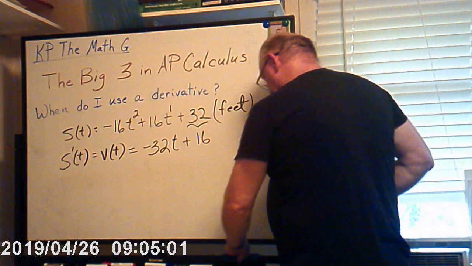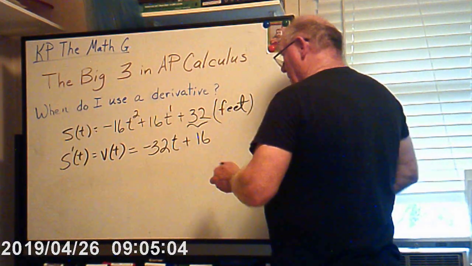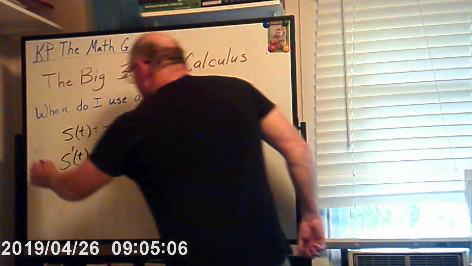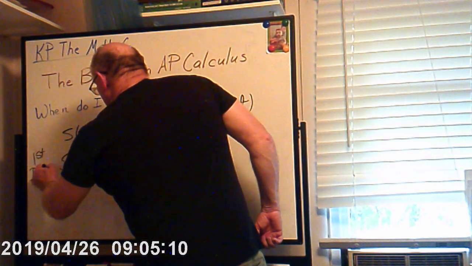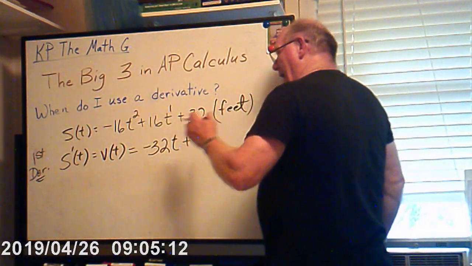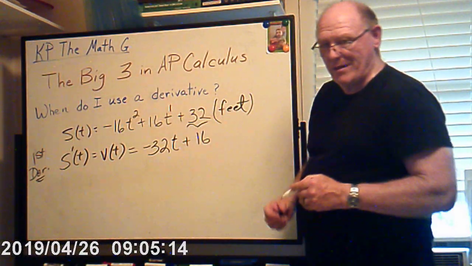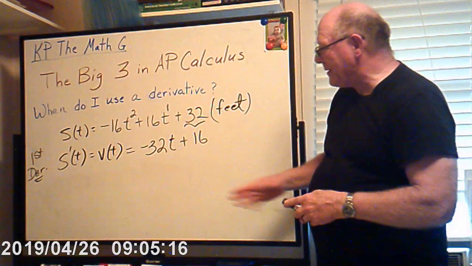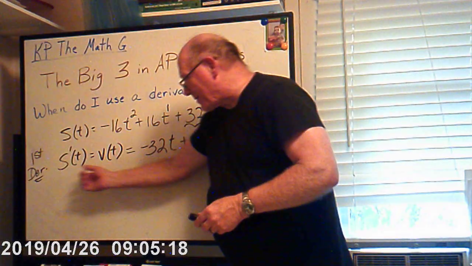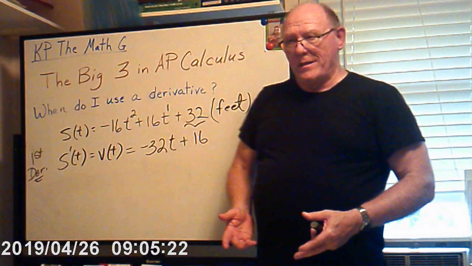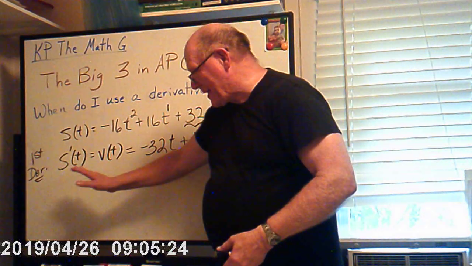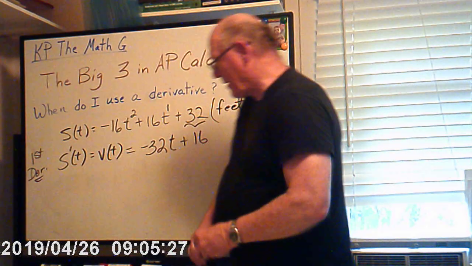This is a first derivative, so the first derivative is all we're talking about right now. If we had to do a second derivative, which would be easy to do, we can do a second derivative on this, and what we would find from velocity is acceleration.